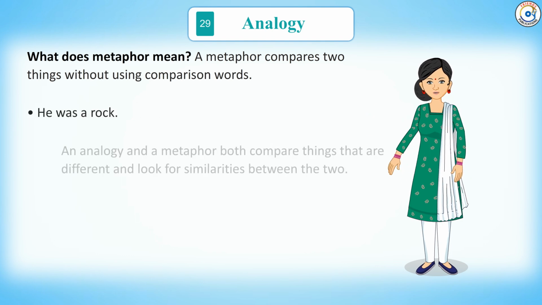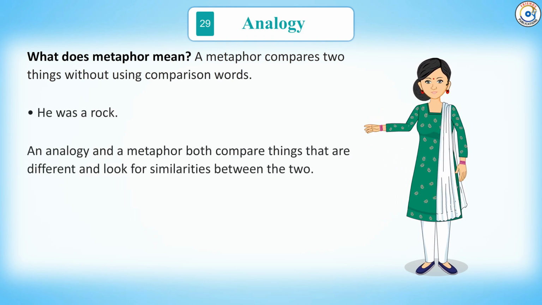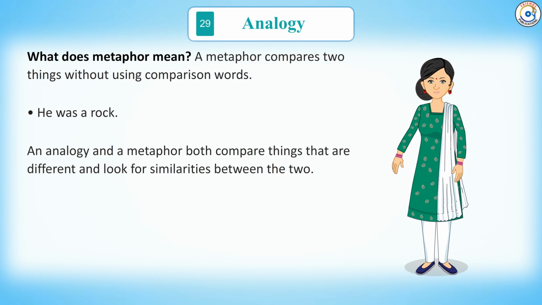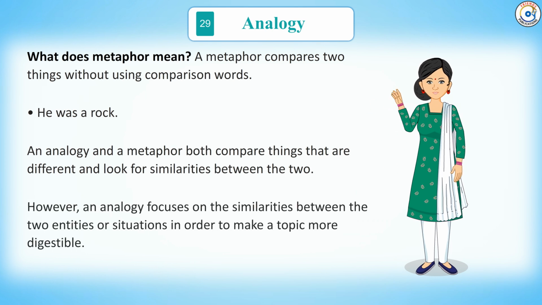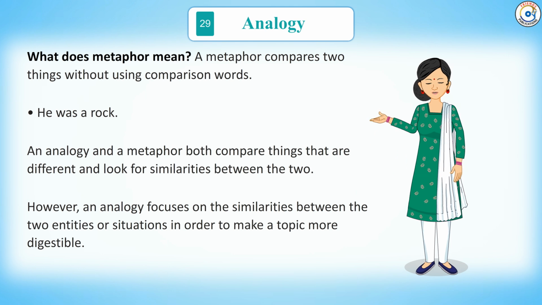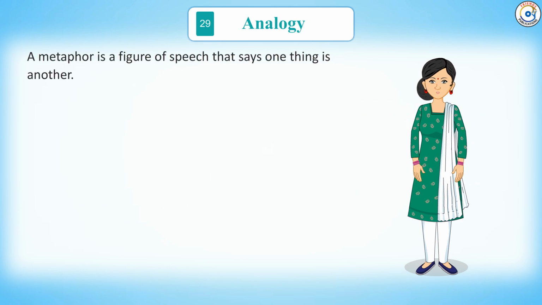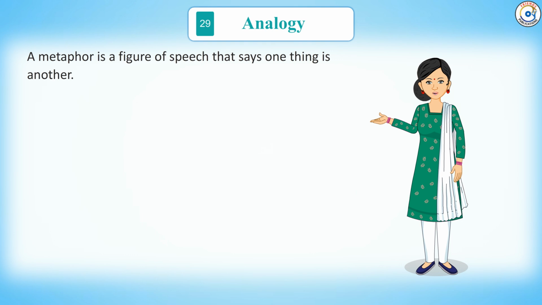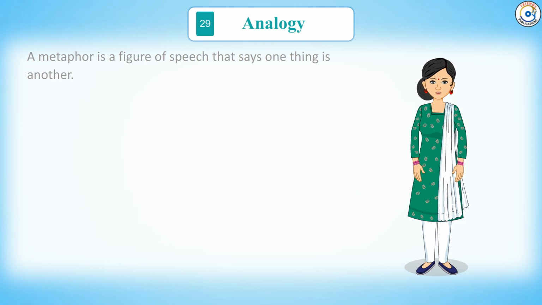He was a rock. An analogy and a metaphor both compare things that are different and look for similarities between the two. However, an analogy focuses on the similarities between the two entities or situations in order to make a topic more digestible. A metaphor is a figure of speech that says one thing is another.